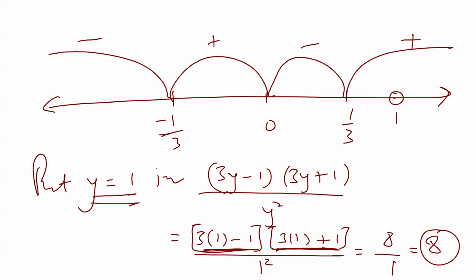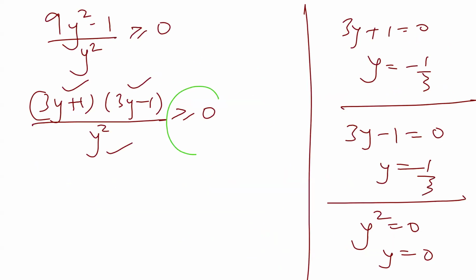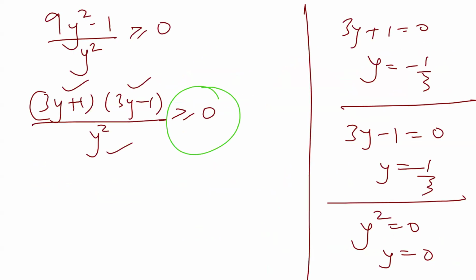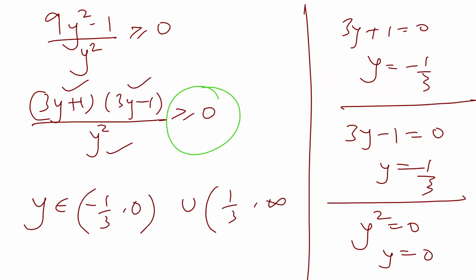Now let's take a look at the inequality. The inequality is over here, greater than or equal to 0. So greater than or equal to 0 indicates the positive regions. So y will belong to minus 1 by 3 to 0 union 1 by 3 to infinity.